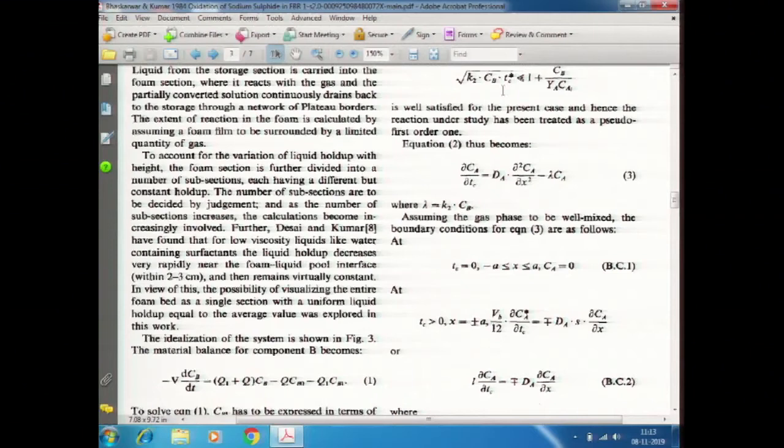And because there is symmetry, whatever is absorbed on account of the fast reaction would be reacted with sodium sulphide in that half film. If the volume of film is V1, then the amount absorbed times the stoichiometric factor divided by this volume of half film, V1 by 2, would give you the reduction in concentration from Cb to Cb1.